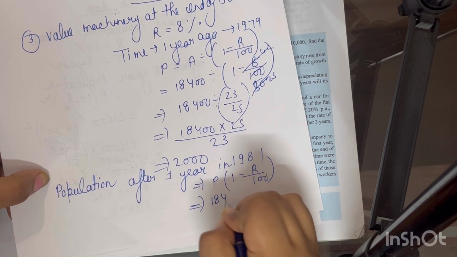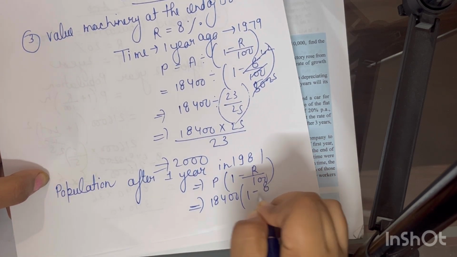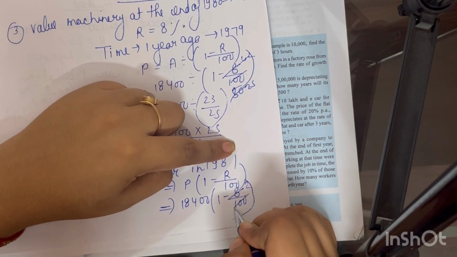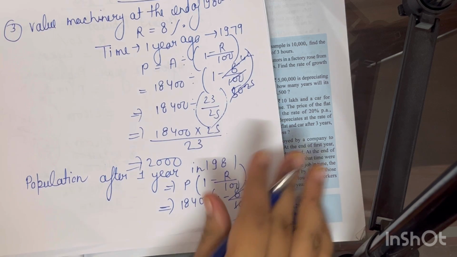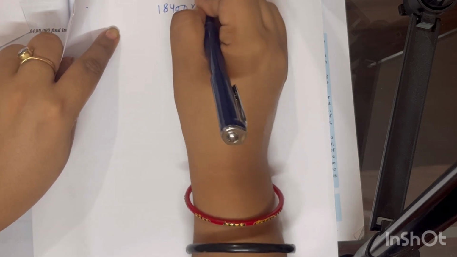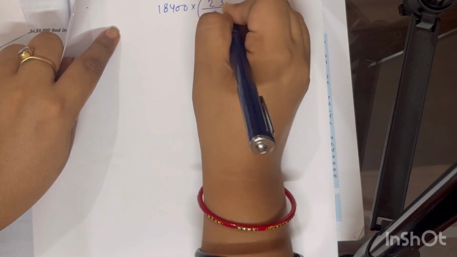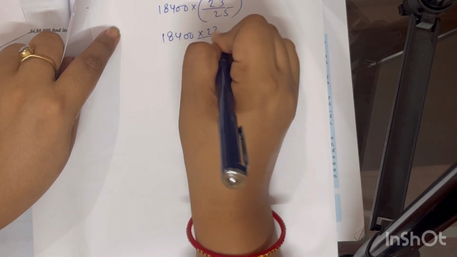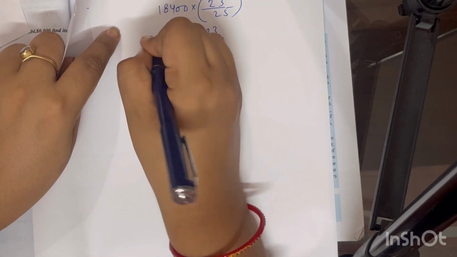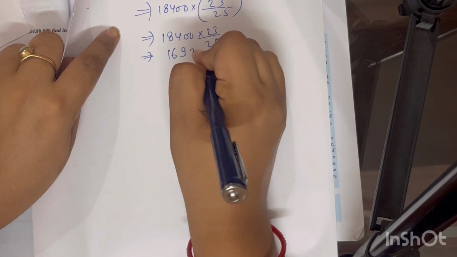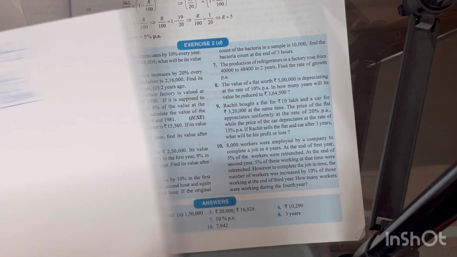So P is 18400, (1 minus 8 by 100). 4 2s are 8, so 2 by 25. So it will be 18400 into 23 by 25. 16928, answer.